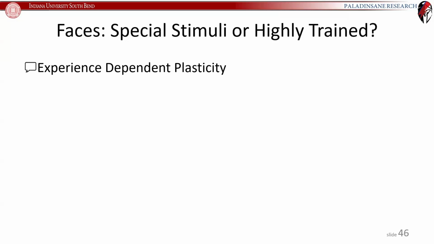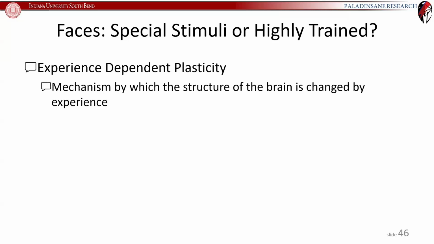The first one is experience-dependent plasticity. Experience-dependent plasticity is the mechanism by which your actual brain structure changes. So this is one of the few times we're going to talk about the brain. We're going out of the second level of Marr's tri-level hypothesis, the representational level, and going into the implementation level.